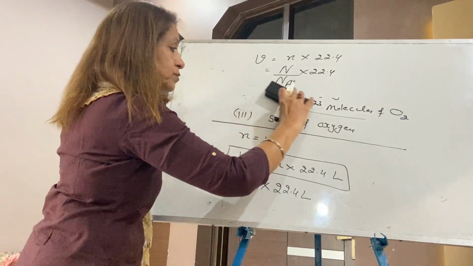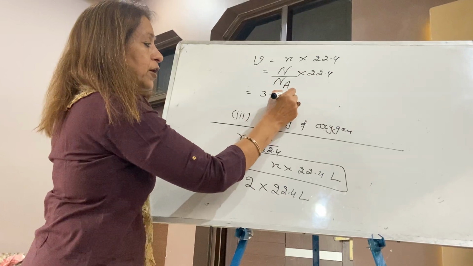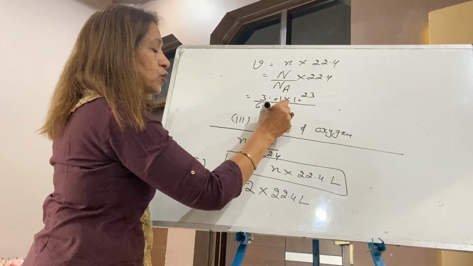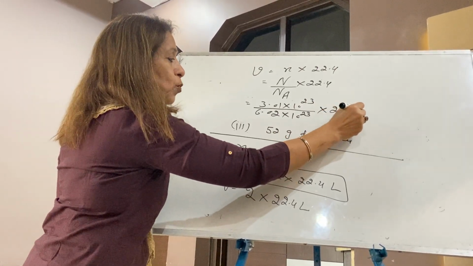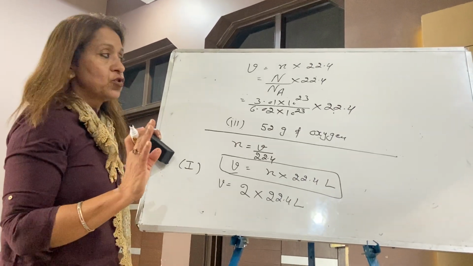Put the values: 3.01 into 10 raised to power 23 divided by 6.02 into 10 raised to power 23, into 22.4 liters. That is 11.2 liters, the answer. So this is the way.